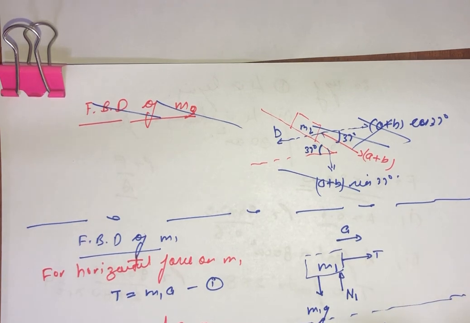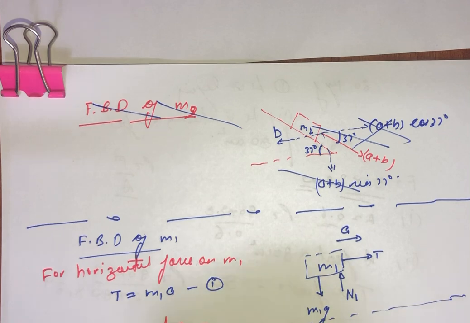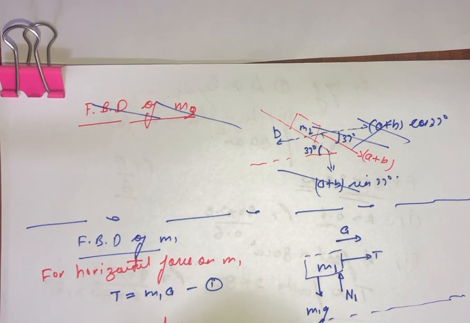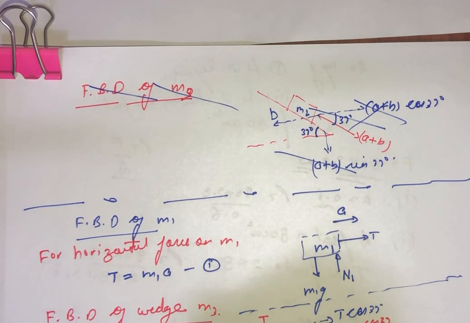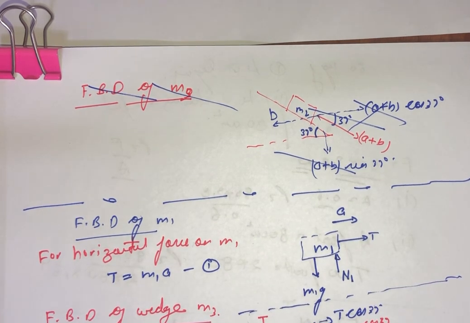This tension goes, and then there is a component of normal. Okay, then it will be plus N2 sine of 37, which will be producing acceleration of B, and that will be equal to, mass is given as M3, this will be M3 B. Let us call this as equation 2.